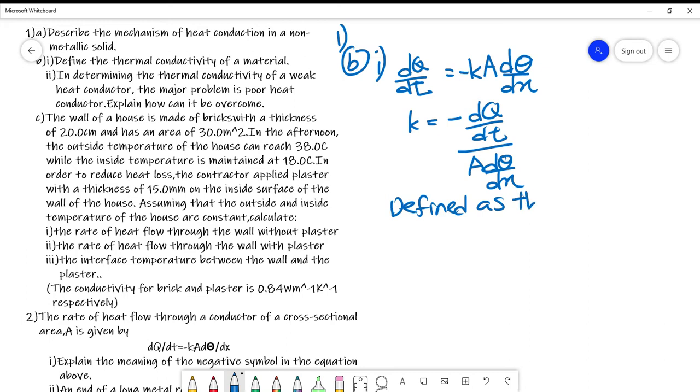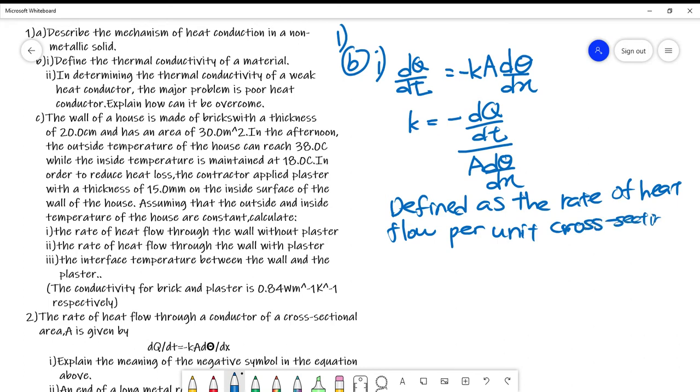the rate of heat flow per unit cross-sectional area per unit temperature gradient.